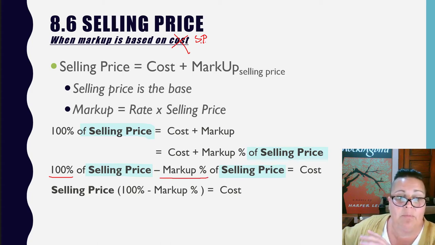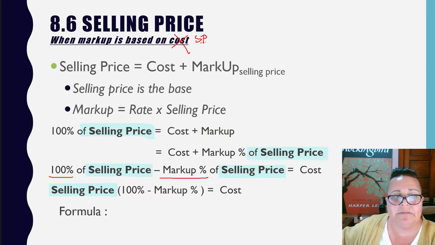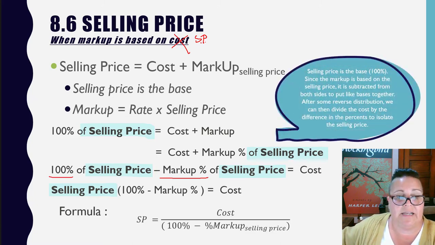So I end up with a formula where the selling price is pulled out front, and I then multiply that by the difference from 100 and the markup percent, or the complement, if you would rather, of the markup percent. So my formula is that the selling price would then be the cost divided by this whole set of parentheses.